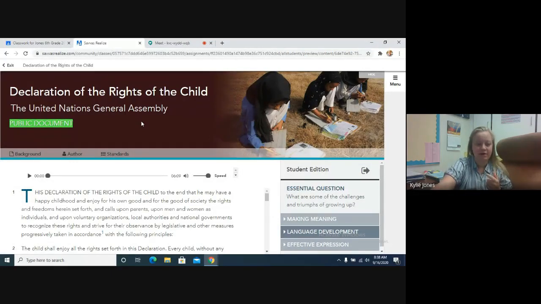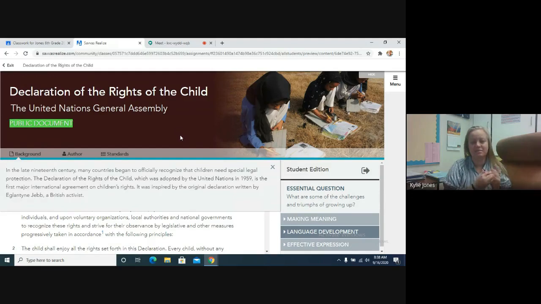So we're going to look at the background information first, just so that we get an idea of what this even means before we read it, because it is going to be pretty formal. It's a little bit difficult to understand at points just because of the formal language. So if you have any questions about what a word means, please ask, because some of these words can be a bit legal. So you want to make sure you understand the legalities behind what is going on.